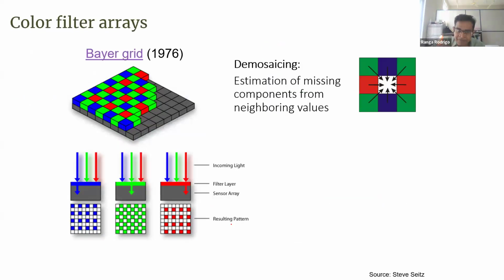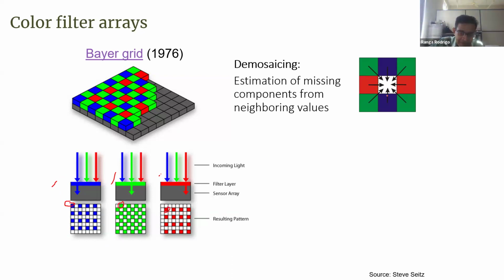When you think about the image sensor, they do not have three sensors for the three colors. They have only one sensor, but filters on top. So you can see the blue filter is there, the green filter is there, and the red filter is there. So certain pixels only receive blue light. Certain pixels only receive green light, and so on.